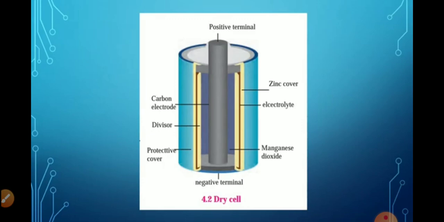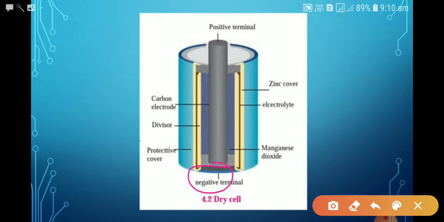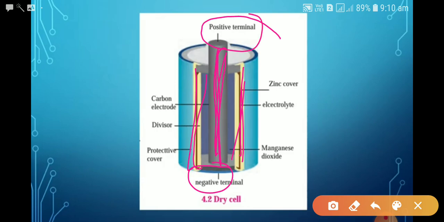So this is the construction. A dry cell consists of a zinc metallic plate at the bottom, which acts as the negative terminal. Inside that, a paste of zinc chloride and ammonium chloride is filled. They have positive and negative charge ions and they carry the charges. At the center there is a carbon rod, a graphite rod, which is the positive terminal of the cell.